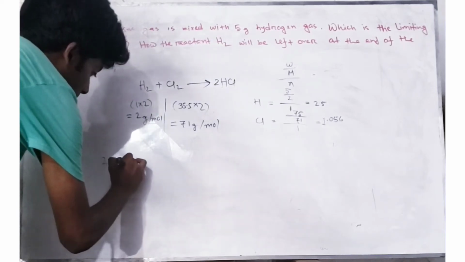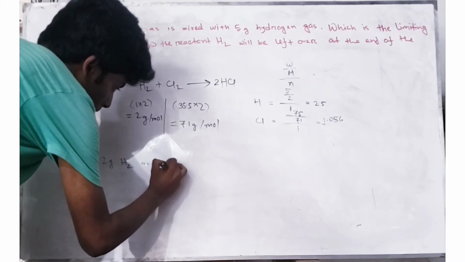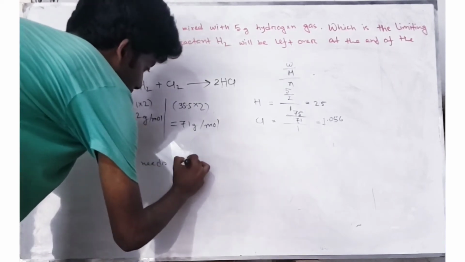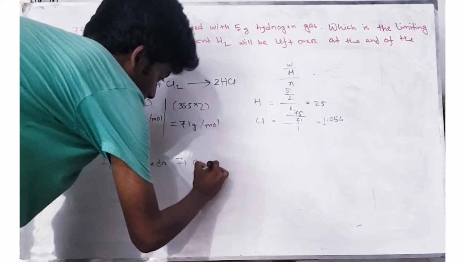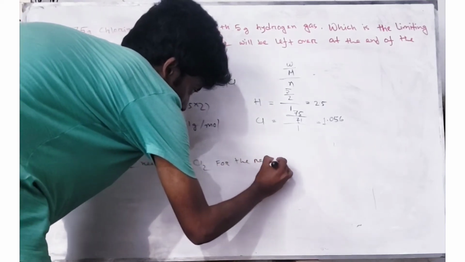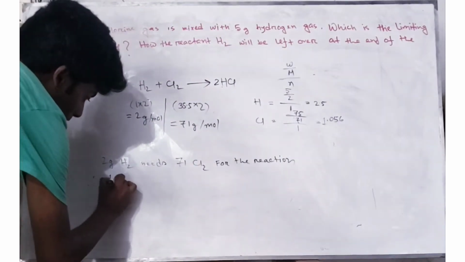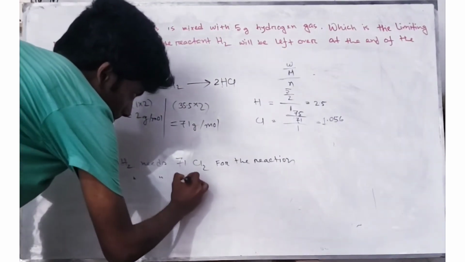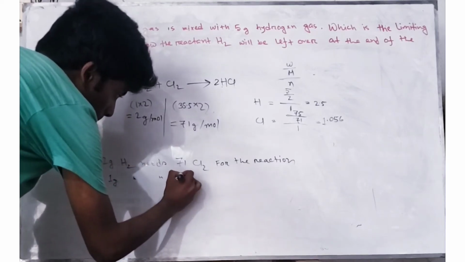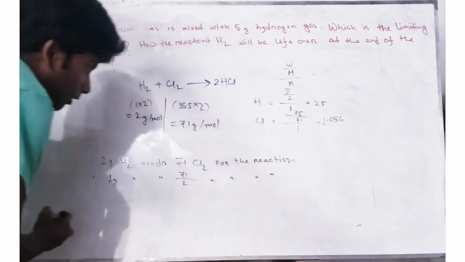Okay, so let's start the writing. 2 gram hydrogen needs 71 gram chlorine gas for the reaction. Then 1 gram needs 71 by 2 gram chlorine for the reaction.